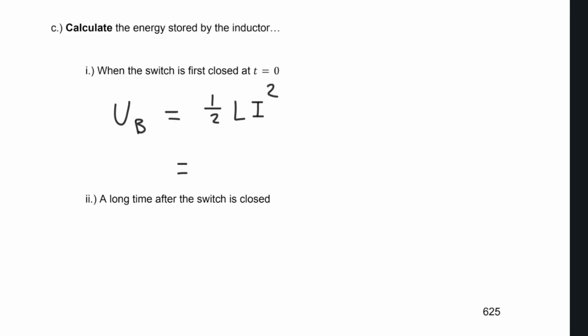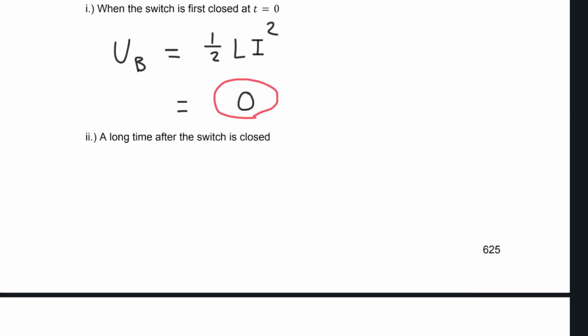But again, there is no current initially. So the reason inductors store energy is because there's current, which generates a magnetic field that stores energy. But then a long time after the switch is closed, it is the same expression. It's the magnetic field that's storing energy, 1/2 Li squared.